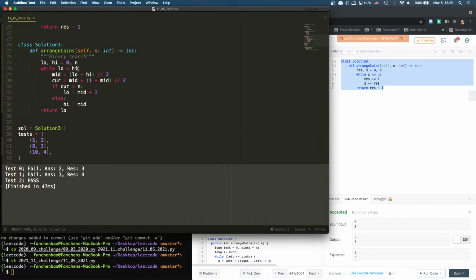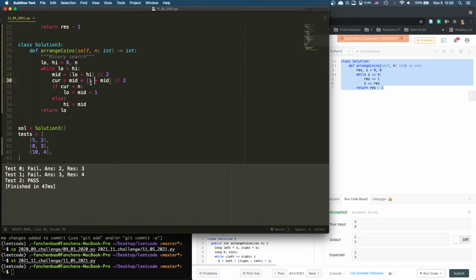So 3 and 5 give us 4, right? 3 and 5 gives 4. 4 is way too big. 4 gives 10, so 4 is too big. So high equals 4. Now we have 4 and 3. Come back as 3, that's still too big.